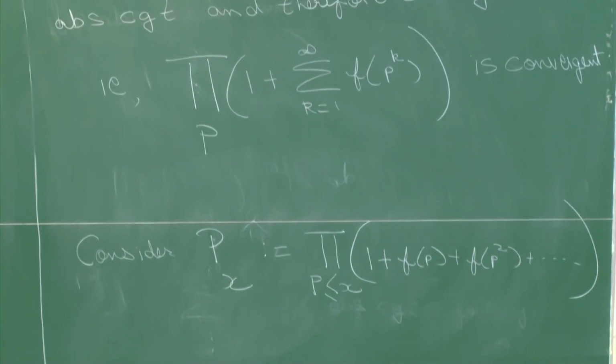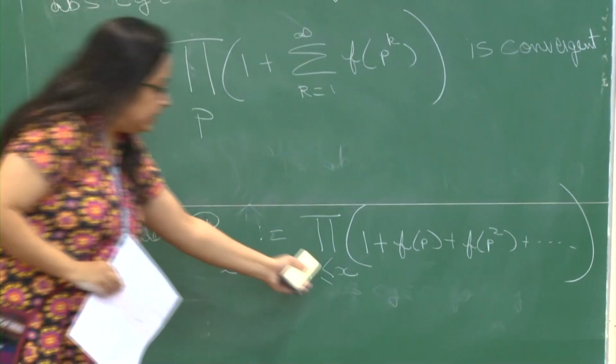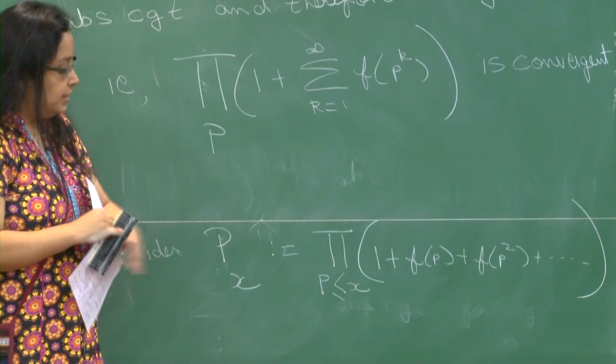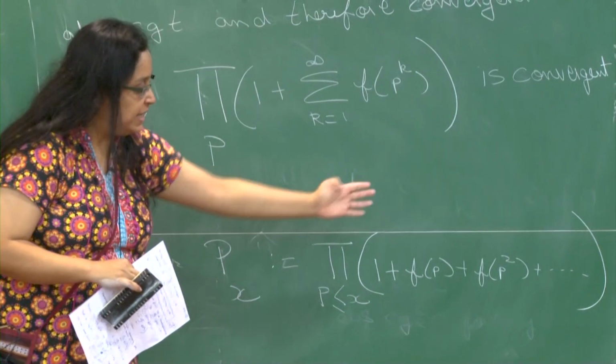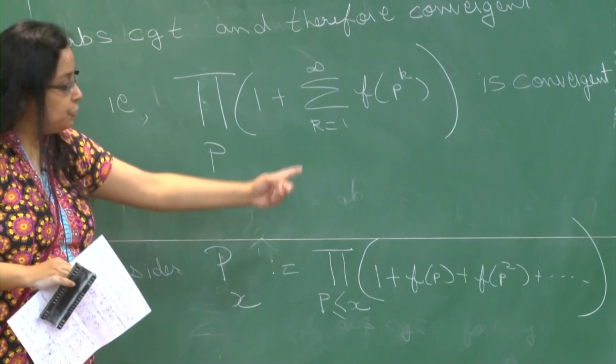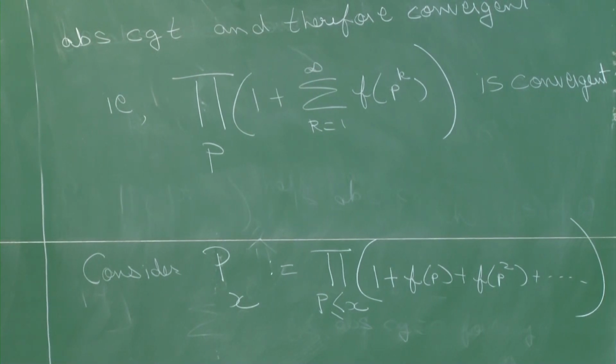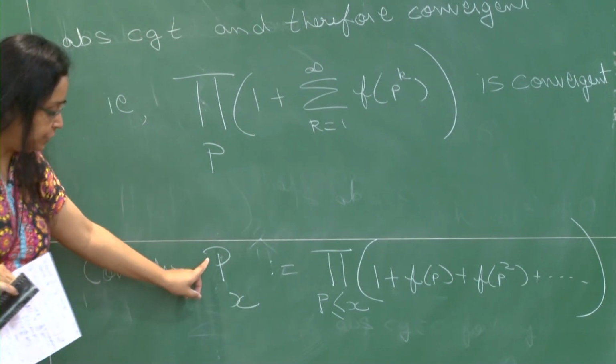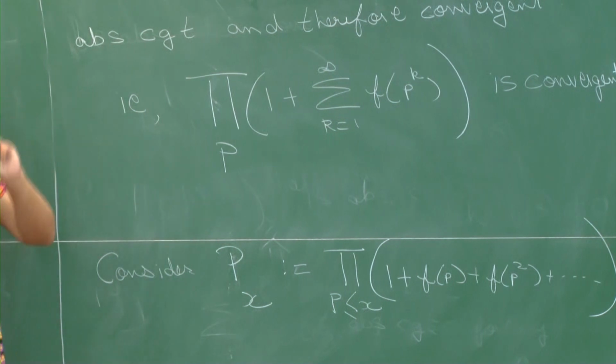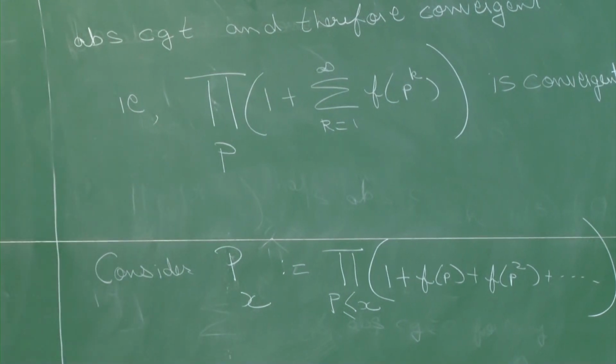This is a finite product, a product of finitely many sums, each of which is absolutely convergent. Therefore, rearrangement of sums when you are talking about P sub x is allowed.